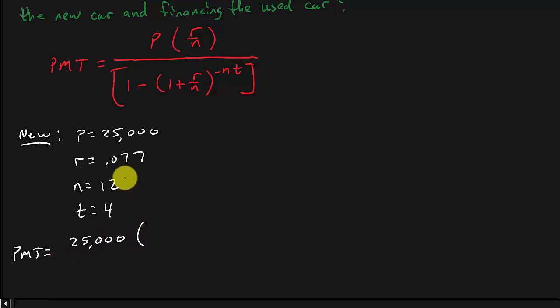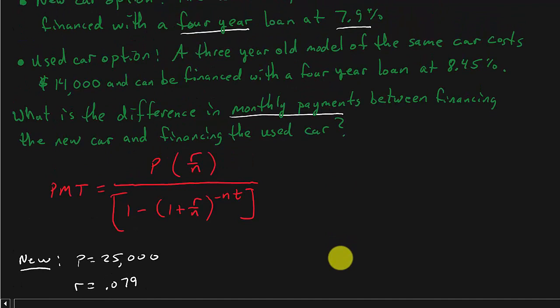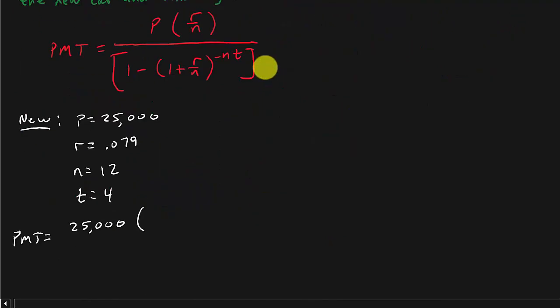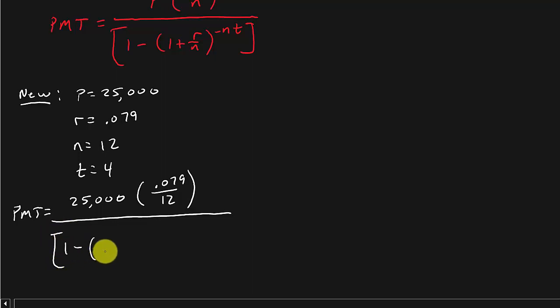That's P times R over N. So that's 0.079, it's 7.9%, 0.079 over 12, divided by 1 minus 1 plus R over N, which is 0.079 over 12, to the negative N, which is 12, times T, which is 4.